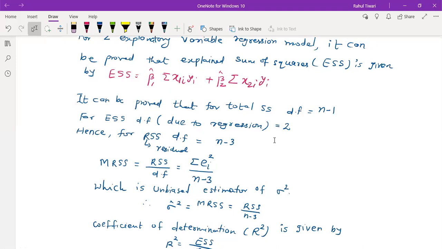How many parameters do we have? 3: beta 0, beta 1, beta 2, right? So it is 3 minus 1, which is going to be 2. That's why it is 2. So to get the degree of freedom for RSS, it is going to be the total minus regression. It turns out to be n minus 3, right?